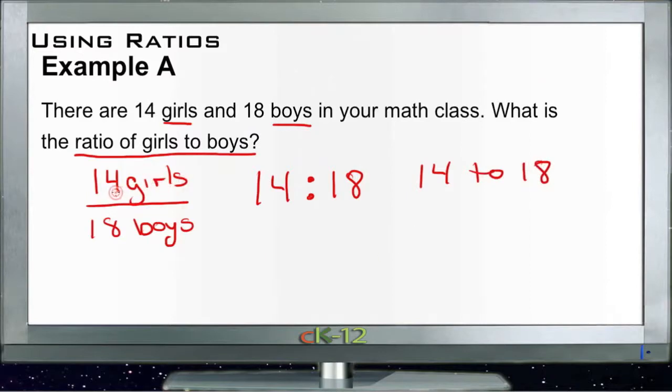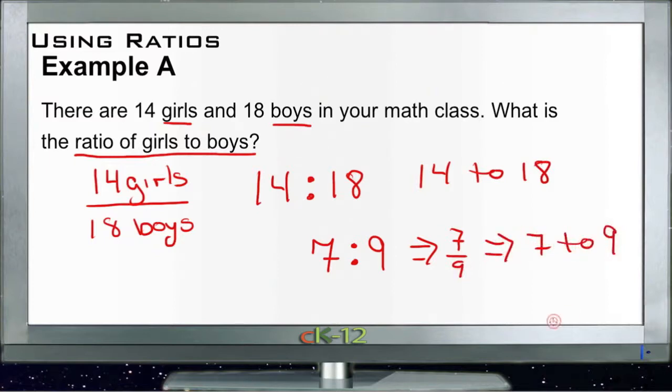In any case, the starting ratio is 14 to 18, and we can simplify that ratio because 14 and 18 both divide by 2. So our simplified ratio would be 7/9, or 7 to 9.